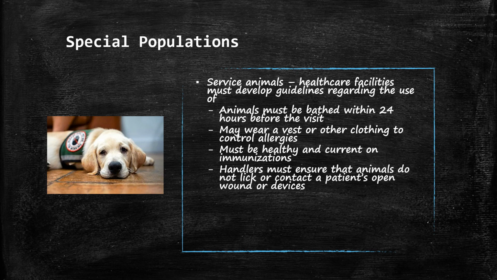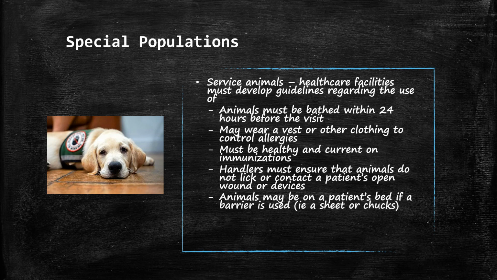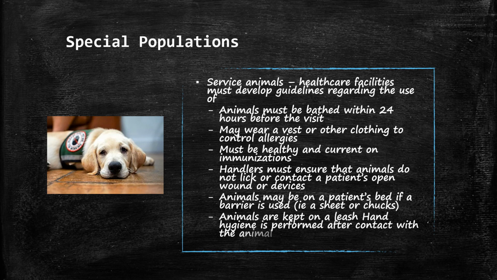And the handlers may be asked to ensure that the animals do not lick or contact a patient's open wound or devices. Animals may be on a patient's bed if a barrier is used, like a sheet or some chucks. Animals are to be kept on a leash, and hand hygiene should be performed after contact with the animal.